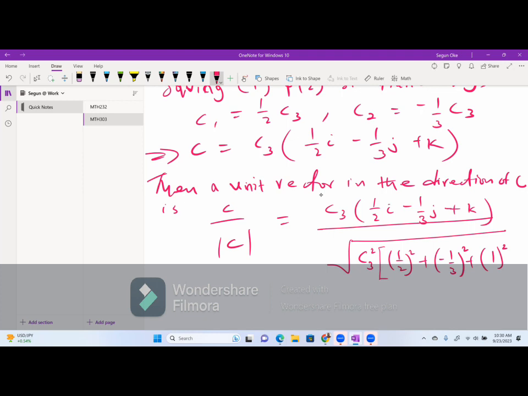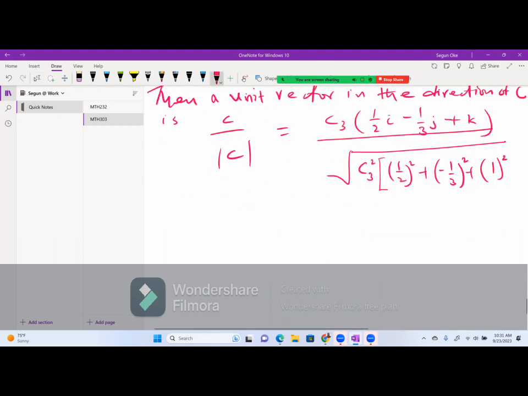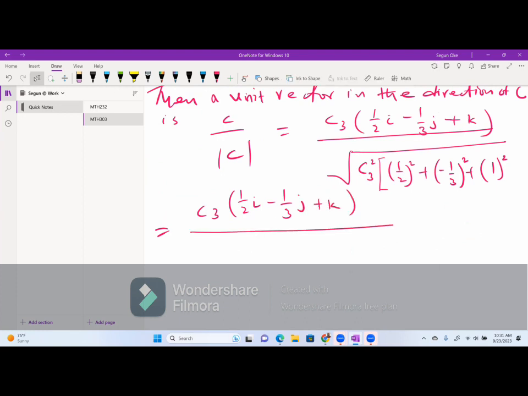So at the end of the day, what do we have? Who can tell us? If you solve, can we resolve? You can factorize this one out. I can say C3 into 1 over 2 i minus 1 over 3 j plus k divided by, I can find the square root of the C3 squared out.